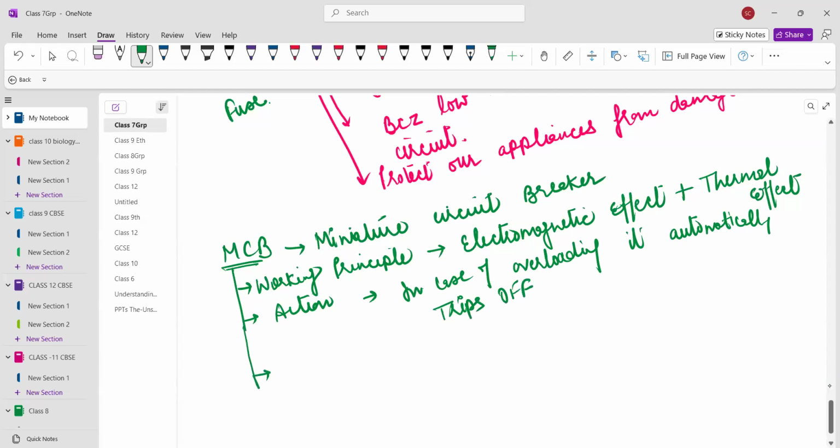So it is very convenient to use, and whenever the current supply becomes normal, we can switch it on again. There is no replacement of wire required because there is no melting of wire, so no need to replace the wire. Okay, so in case of MCB, there is no need of replacement of wire.